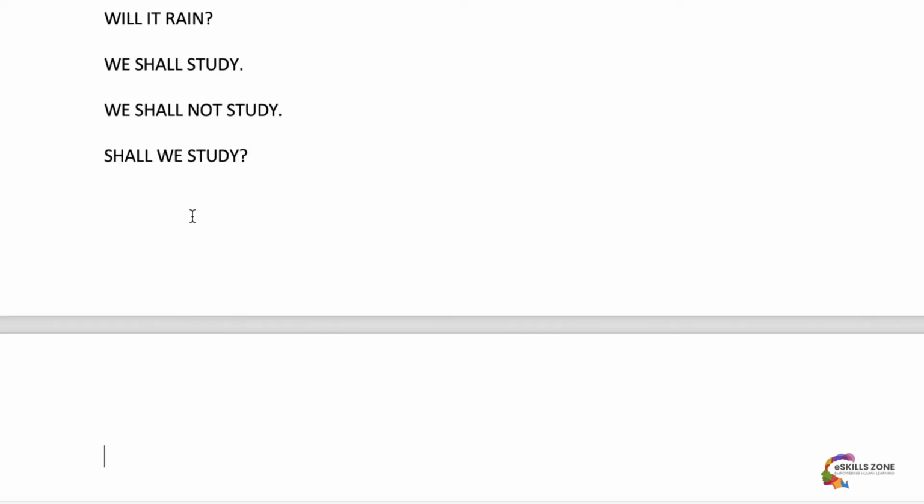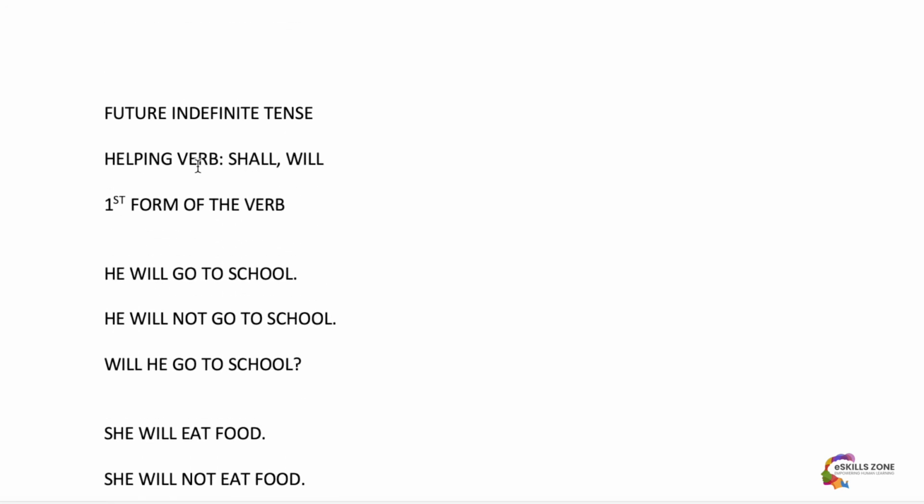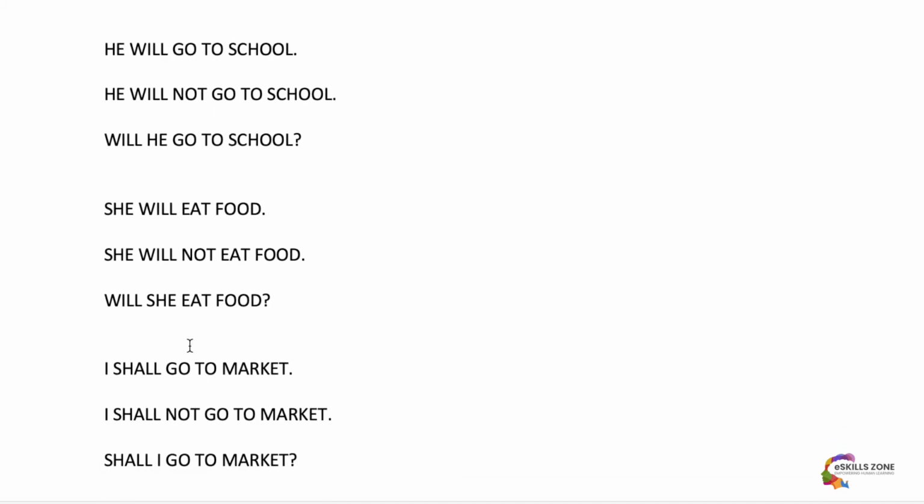So if you see here, I've given you some examples. It's a quite simple tense. It has only two helping verbs, shall and will, and it's a simple future tense. And if you look at the sentence structure, it is quite simple and easy.